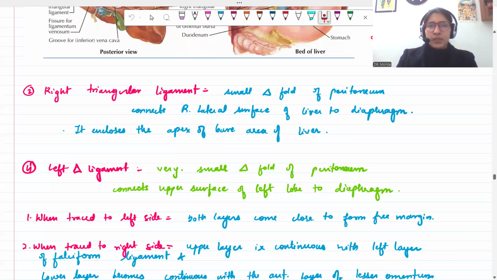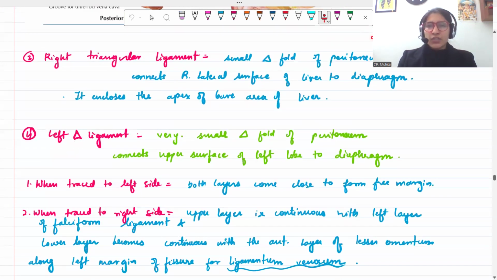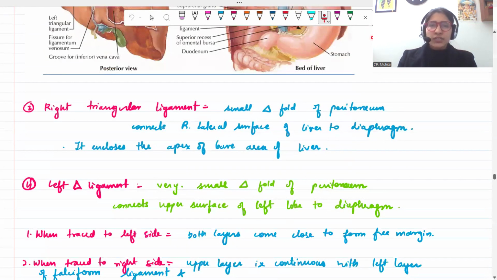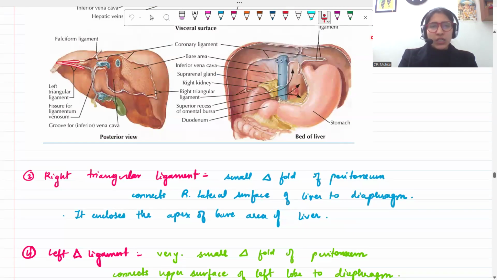So right triangular ligament I already told you. Left triangular ligament is a very small fold which connects the upper surface of the left lobe of liver to the diaphragm.